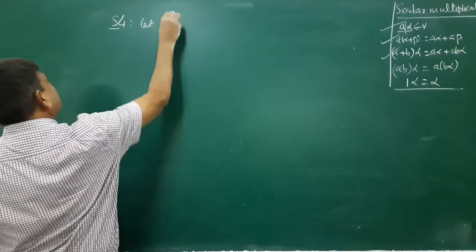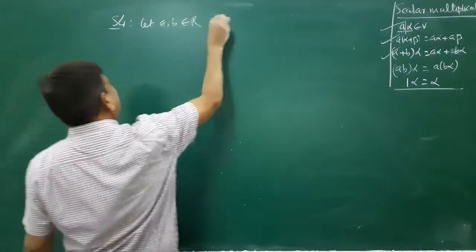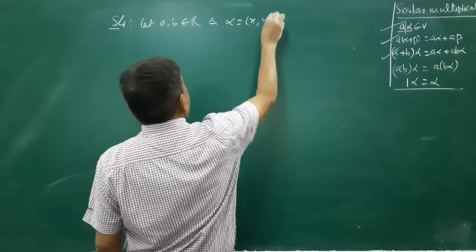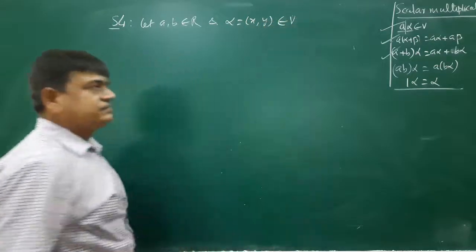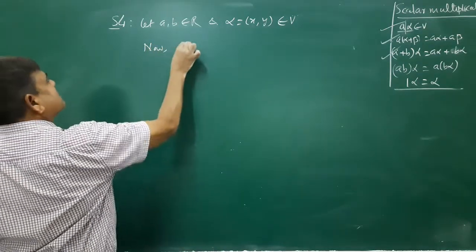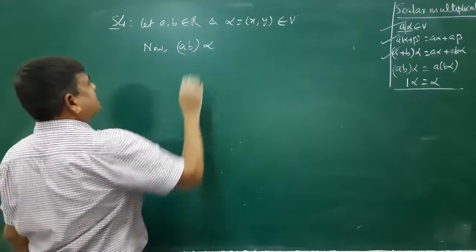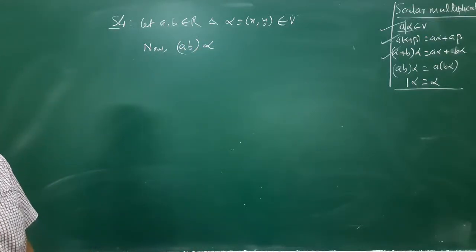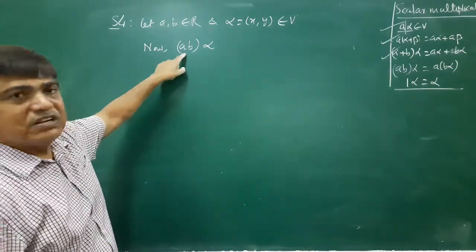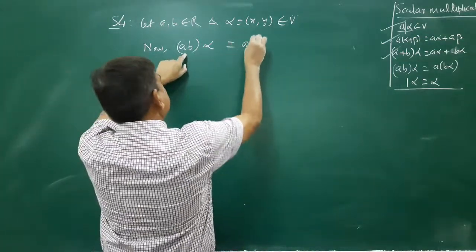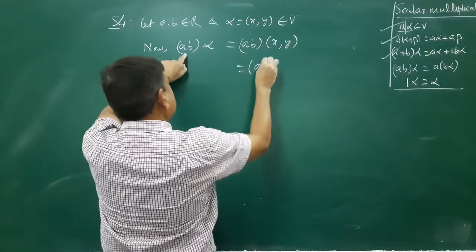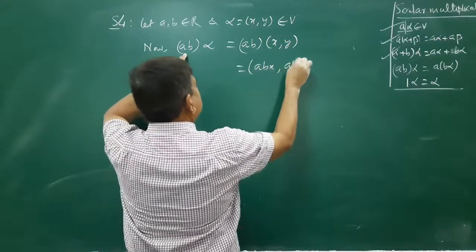Let a, b belong to R and alpha, that is (x, y), belongs to V. (ab) alpha means here dot with circle. This is ordinary multiplication. So this is (ab) alpha, right? This is abx, aby.